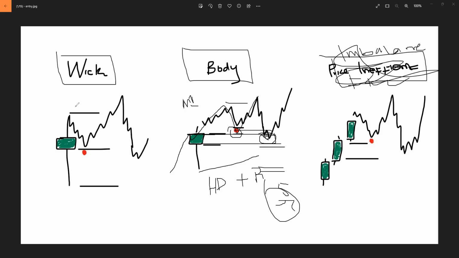Same with the wick. So if price does this, this certain candle, and then the liquidity is here, and then it left the wick below just liquidity, you will deal with this wick. But mostly, I normally like 50%. So this is the area that we'll be dealing with.